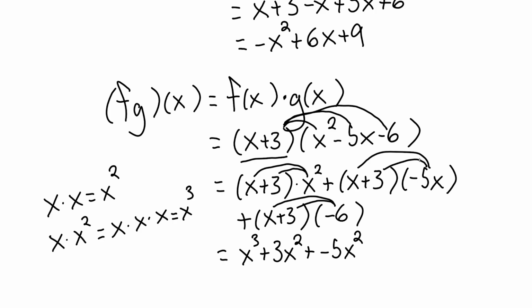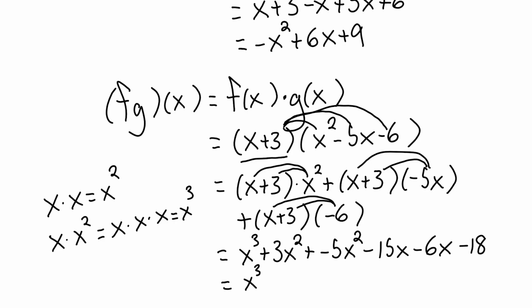Okay. So now we need 3 times negative 5x, minus 15x. Negative 6 times x is negative 6x. Negative 6 times 3 is negative 18. Okay. So this is what we have ultimately. We do want to simplify this and combine any like terms that we can.